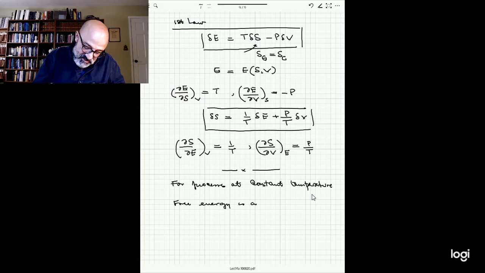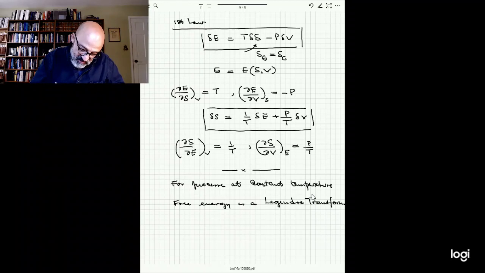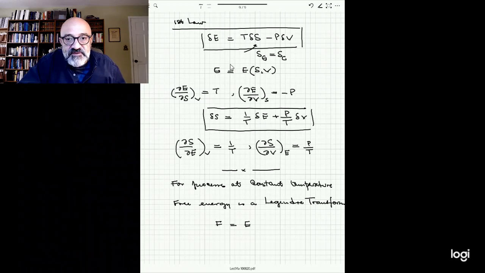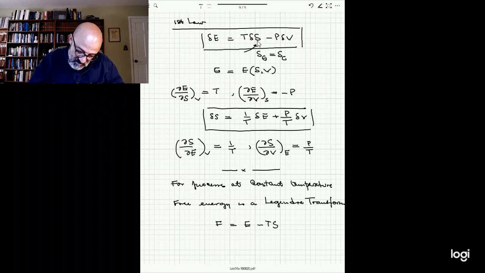It is a Legendre transform. So here we go, the free energy is equal to the energy, and we would like to, instead of having TdS, we would like to have SdT. So what we do here is we subtract TS.